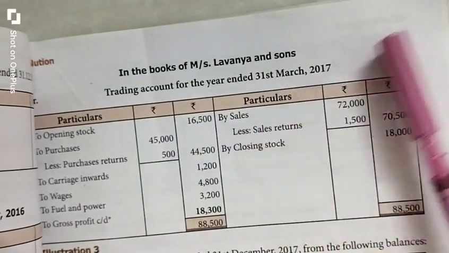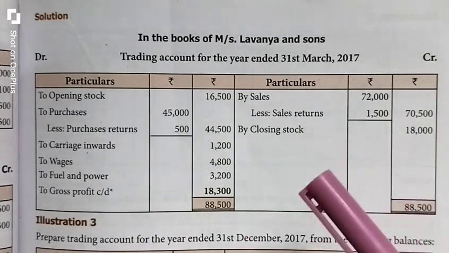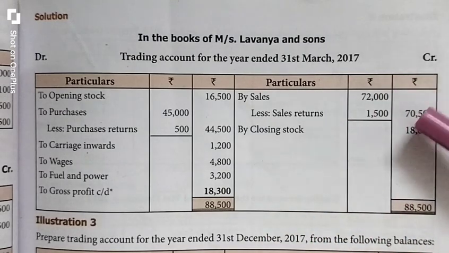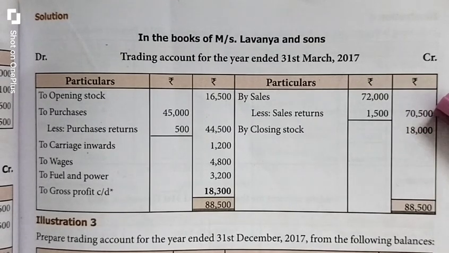Okay, so now we have to find the total. For that, which side has the higher value? The credit side has the higher value, 70,500. We have to add 70,500 plus 18,000. We will get 88,500. The credit side has the higher value, so we have to consider the higher value as the total.